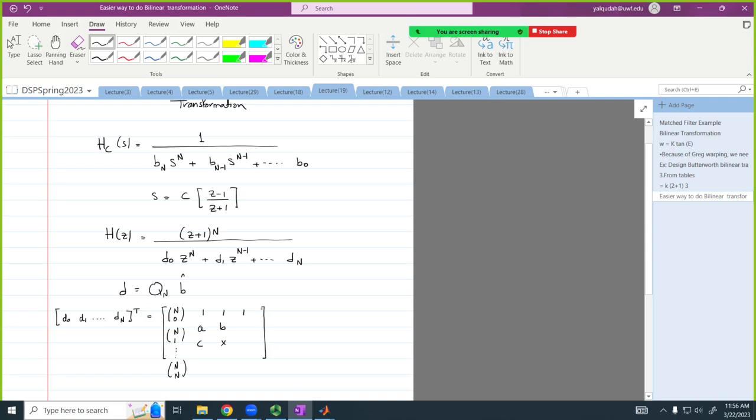Yeah. And then we have B hat, which is B0, B1 C, B2 C squared, all the way to Bn C to the power of n, transposed.